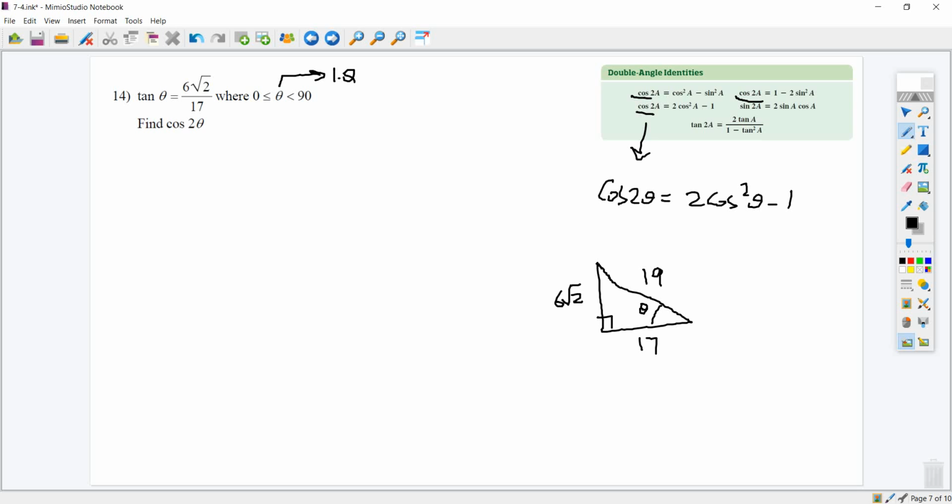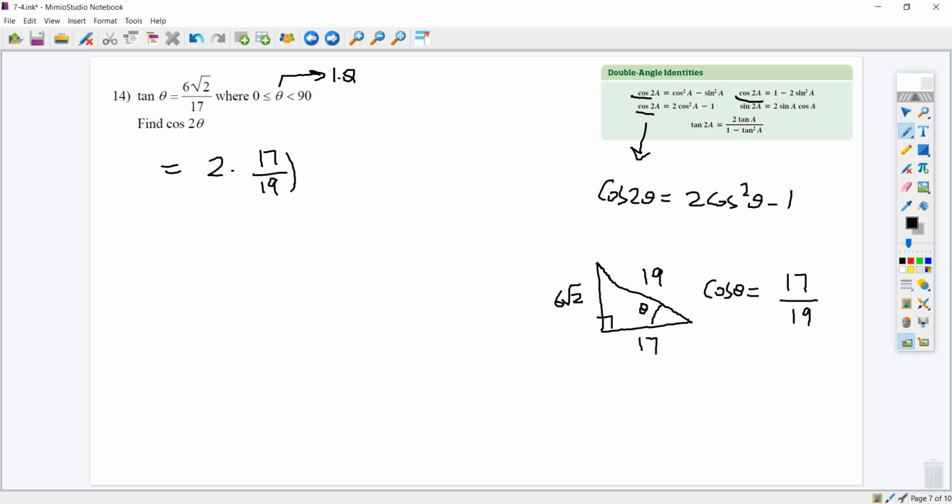Alright, so that's what we have. Since I need the cosine theta, that's adjacent over the hypotenuse, 17 over 19. Since this is first quadrant, in first quadrant all the ratios are positive, so this is also positive. So let's go back to the question. Cosine 2 theta, 2 times cosine squared theta. Cosine theta is 17 over 19.